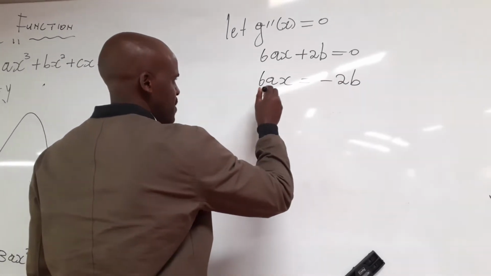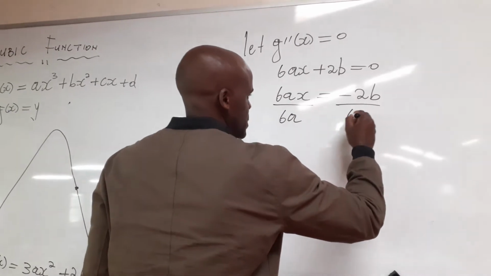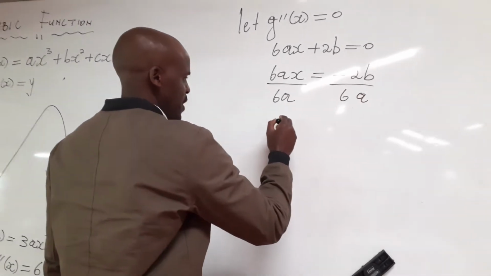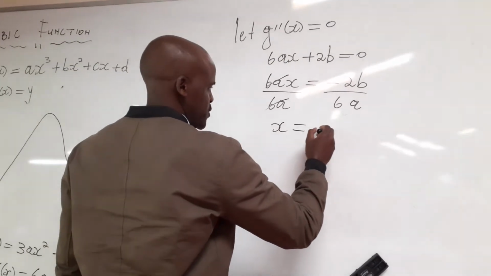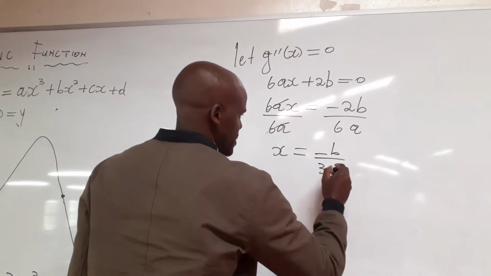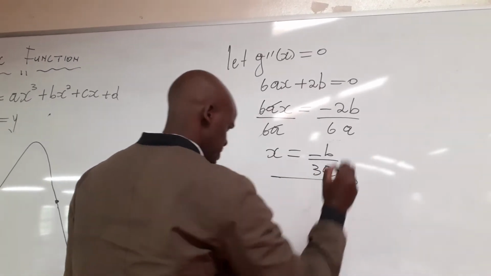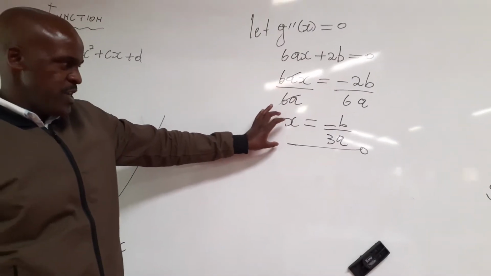We divide by 6a. Therefore, our x will be equal to negative b over 3a. That's the value of x. Right, after finding the value of x, we need to find y.